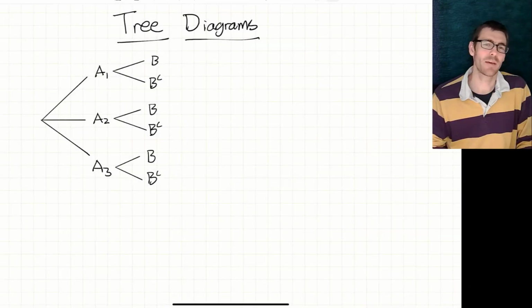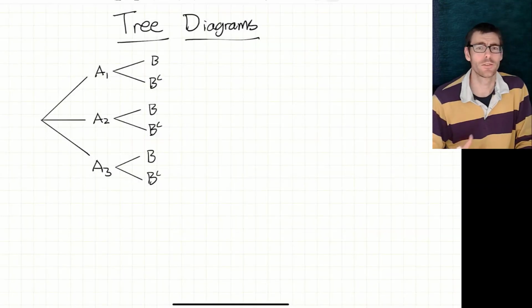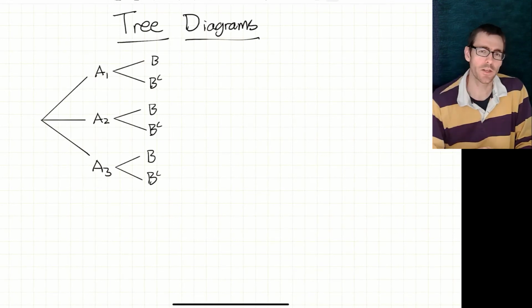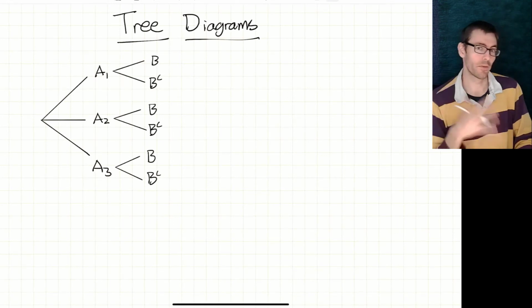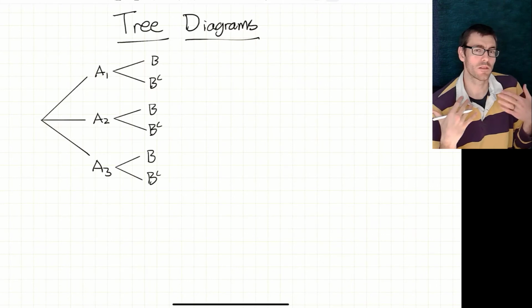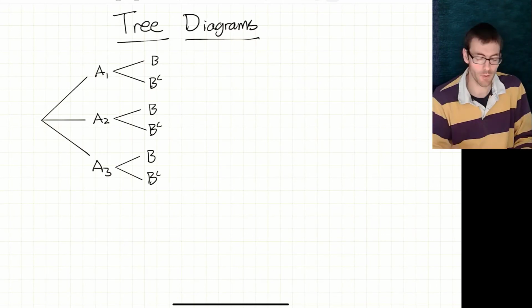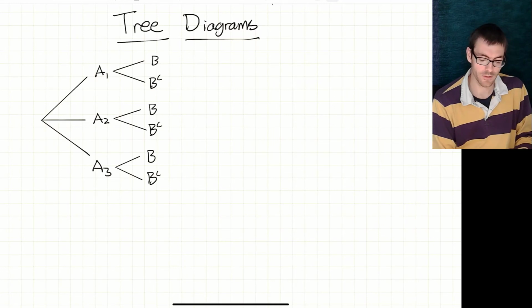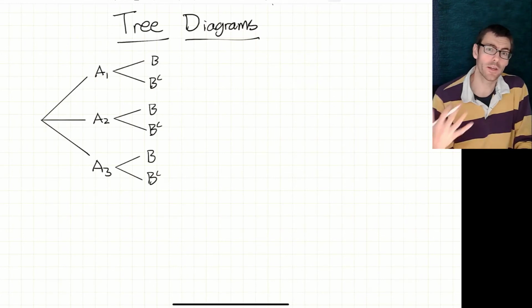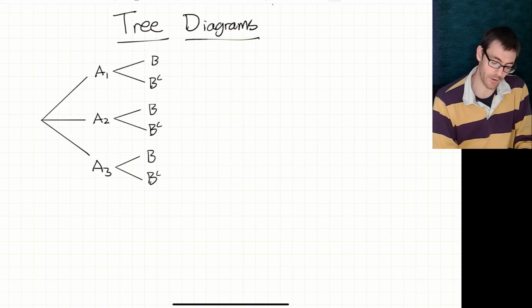Just about any time in this class, it's going to be useful to draw a picture, and this is especially true for probability questions. Sometimes a Venn diagram can be really useful, but when dealing with conditional probability, tree diagrams are often the way to go. So here's a generic version of a tree diagram.